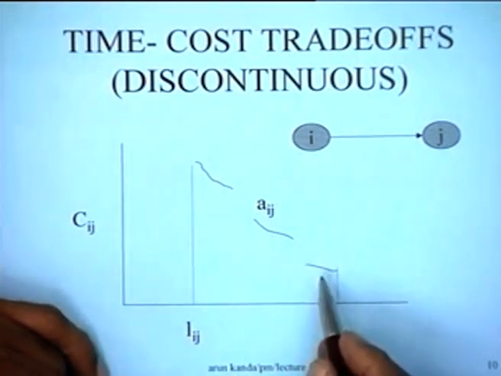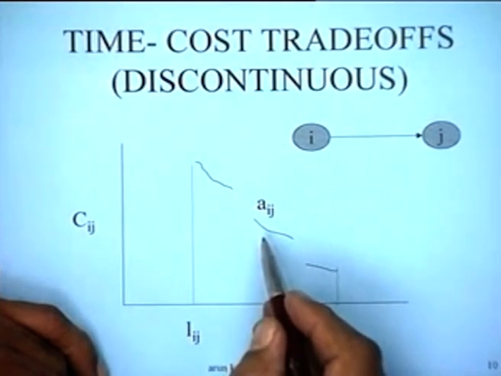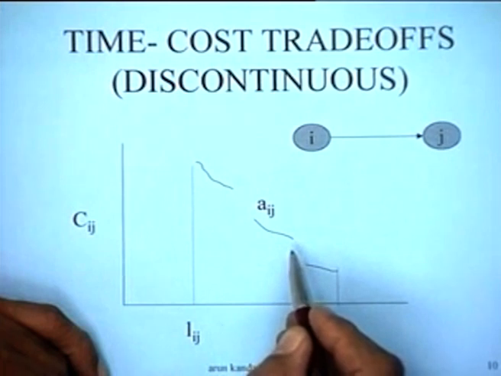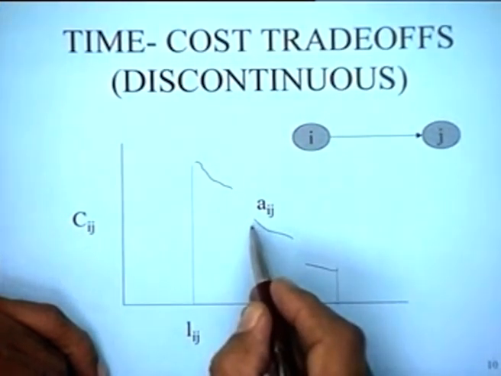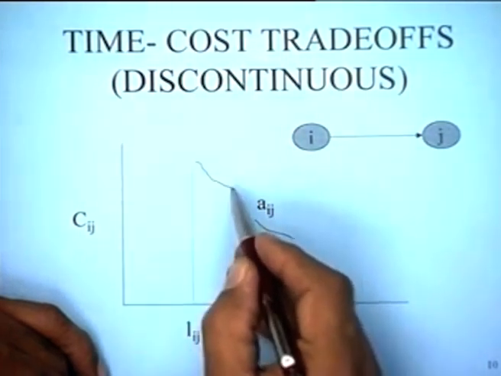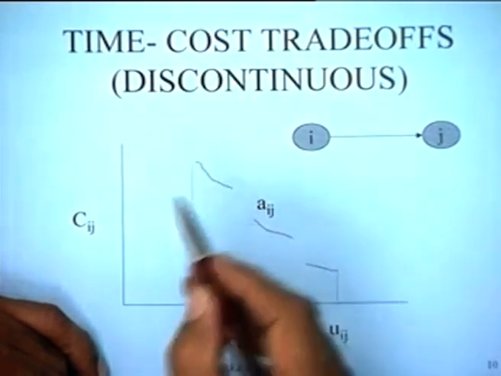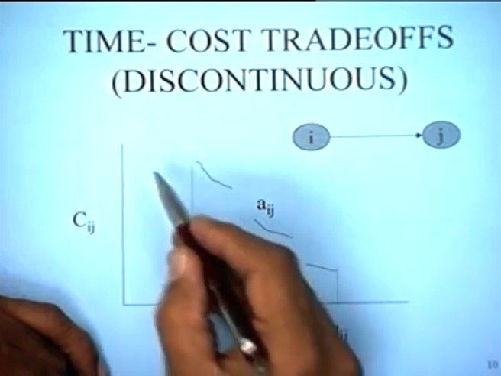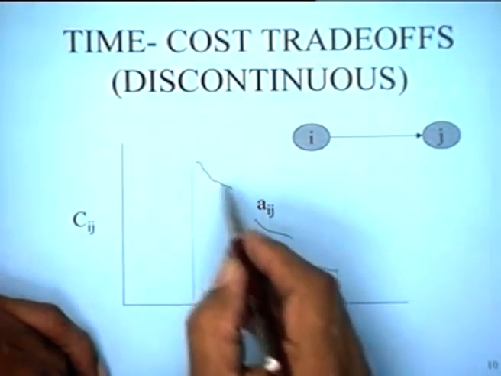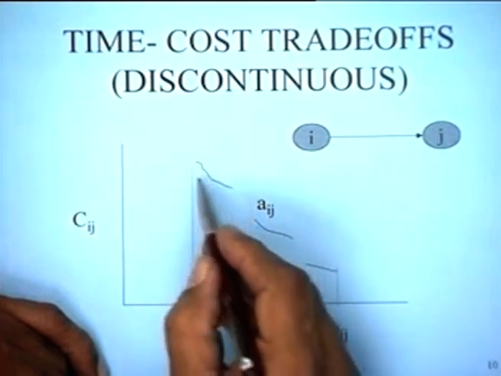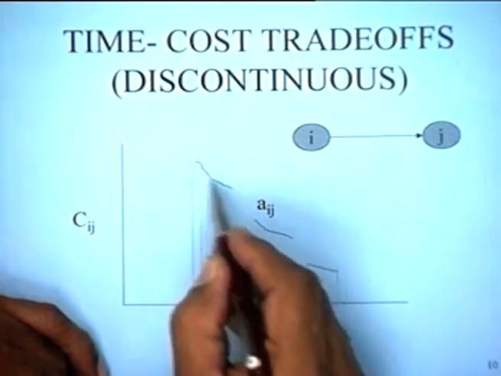The next, they go to a higher level of technology. Maybe you start using bullock carts, right? So you have reduced the duration, and you have a certain range. The next stage of technology would be, let's say, if you start using a tractor. Now when you use a tractor, your duration is going to be much smaller, and there also, depending upon the usage of the tractor, you could have a range of durations.